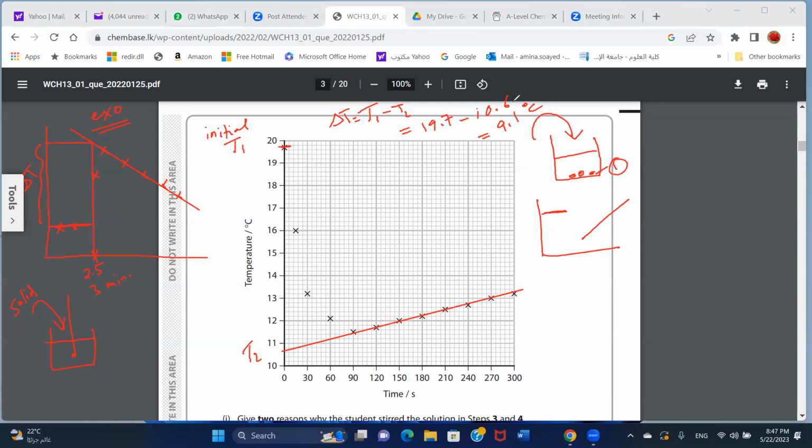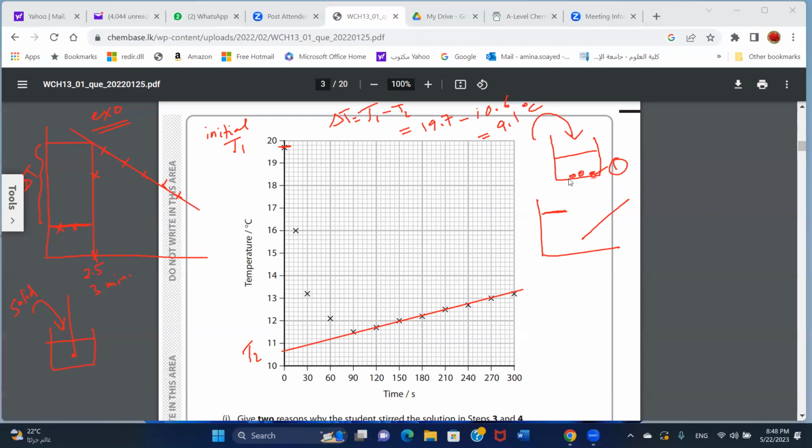The second piece of information we get from here is that if they didn't place the water first and then add the solid after 2 or 2.5 minutes or whatever, we would have to start from the time at which they added the solid and go upward until we meet the straight line.